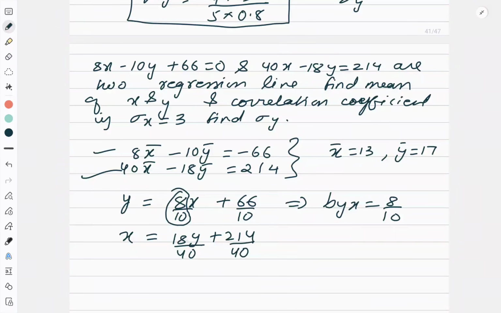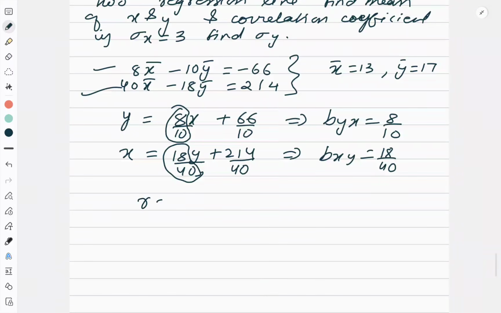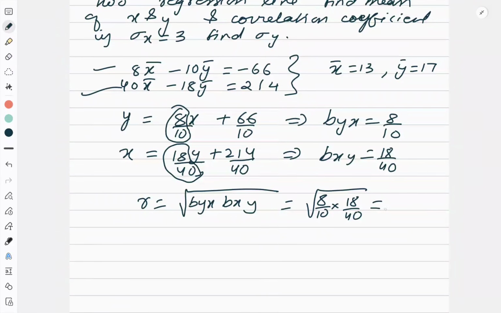So again the coefficient of y is 18 by 40. So bxy is equal to 18 by 40. Now what is r? r is the square root of byx and bxy. So that is equal to 8 by 10 and 18 by 40. Remember one thing, r has to be between -1 and +1. If it is crossing that range, it means you have taken the wrong equations. And instead of finding y from the first, you should find y from the second.